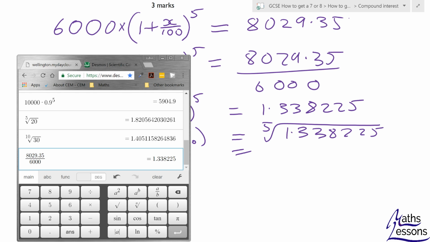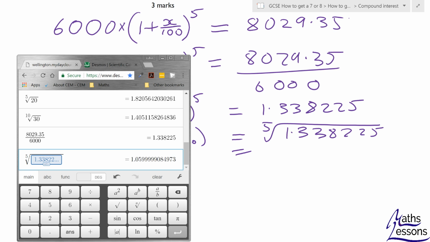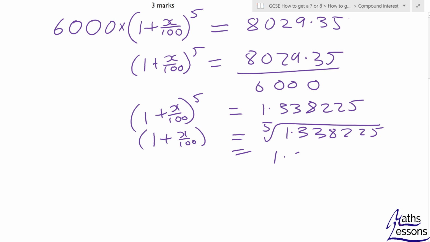I'm going to do the fifth root of my answer. There we go. And that gives me 1.059999.